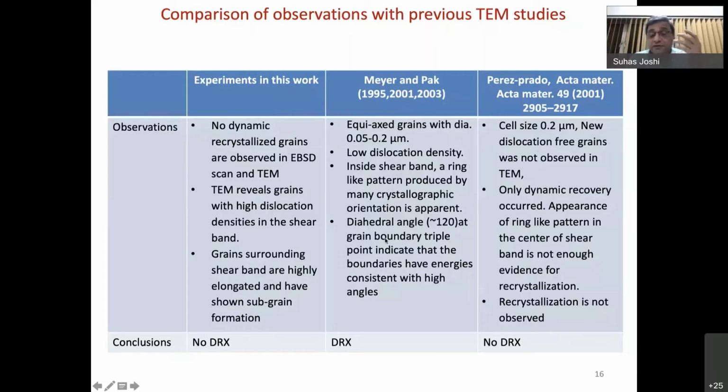But some other authors find that no, there is a new material formation. So we leave it there. We compare and we say that yes, we differ from your views, and we have experimental evidence. They also have experimental evidence, so the question is still open, whether there is dynamic recrystallization during the formation of the shear bands or not.